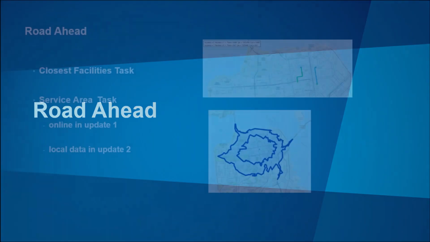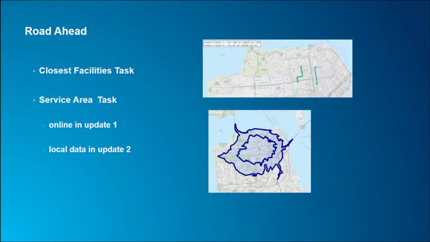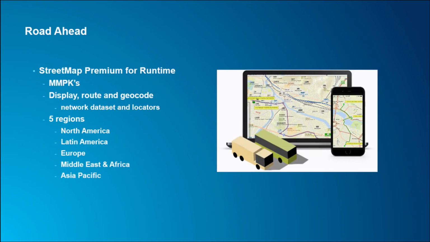For our road ahead, we have other routing solvers such as closest facilities and service area that we're working on. The online version, so hitting services, will be an update 1, and hitting local data should be an update 2 of ArcGIS Runtime. We also have something called StreetMap Premium for Runtime.